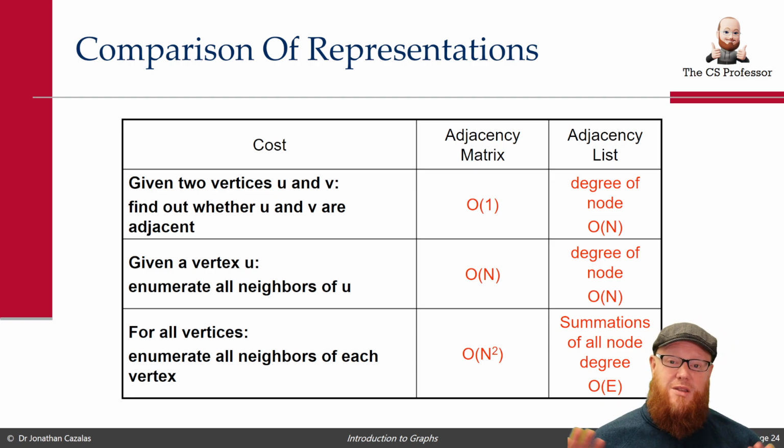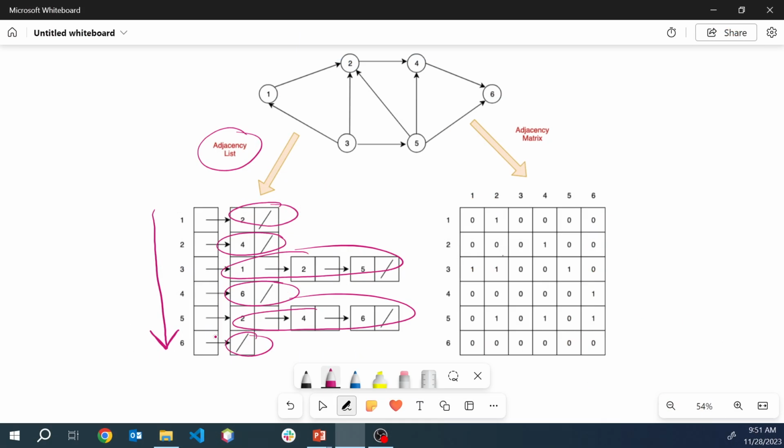So that's really all this video is about: introducing graphs, talking about their terminologies, talking about the use cases of graphs, and really understanding the different representations. What is an adjacency matrix? What is an adjacency list?